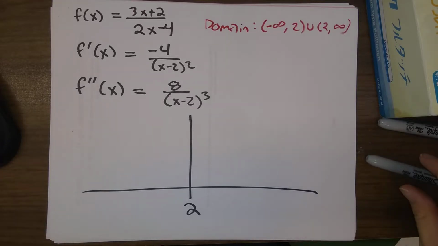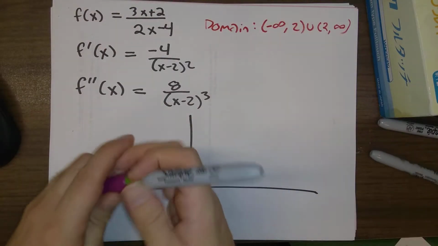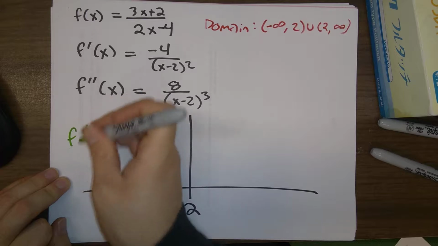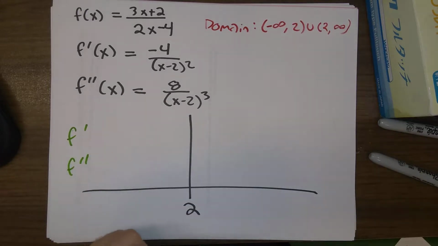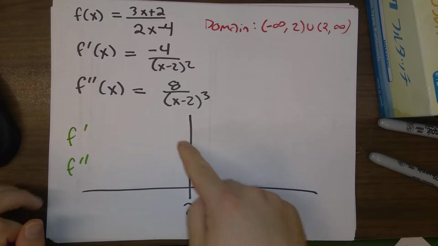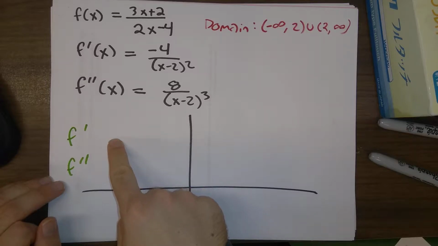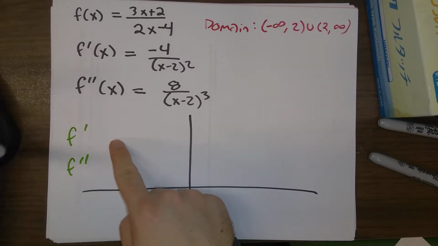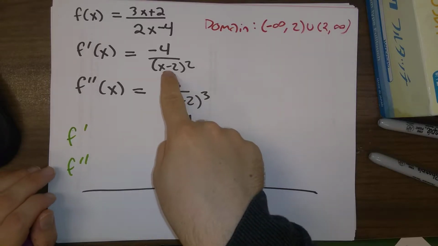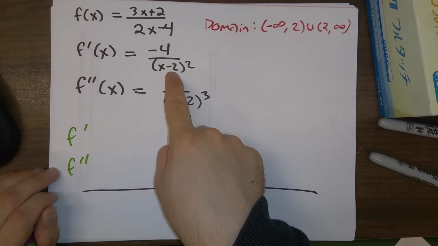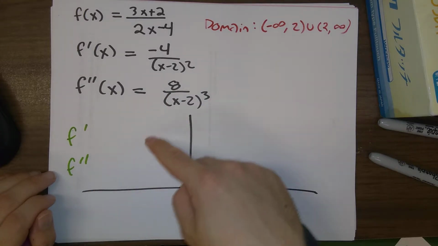And so if we set up a sign chart for f prime and f double prime, we see if x is less than 2, our x minus 2 is negative, but we're squaring that so it becomes positive.